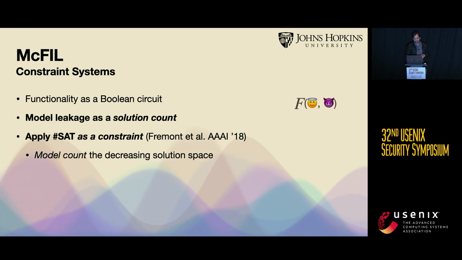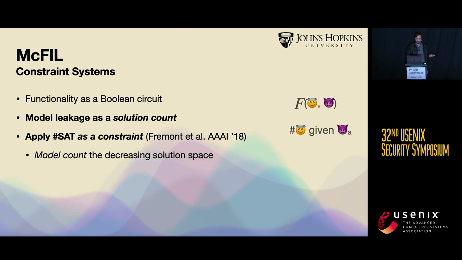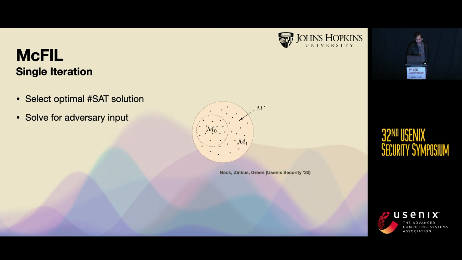So we have some functionality which has some honest party's inputs and adversarial inputs, and we want to consider things like the number of possible solutions for an unknown honest input given one particular adversary input or another.